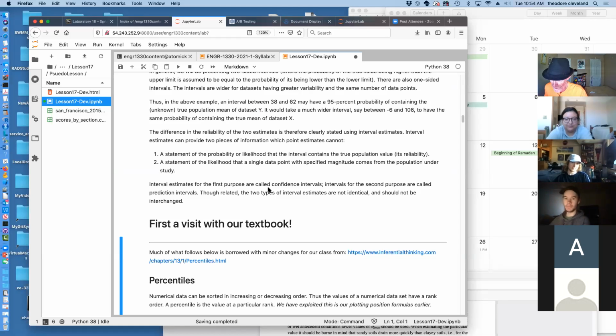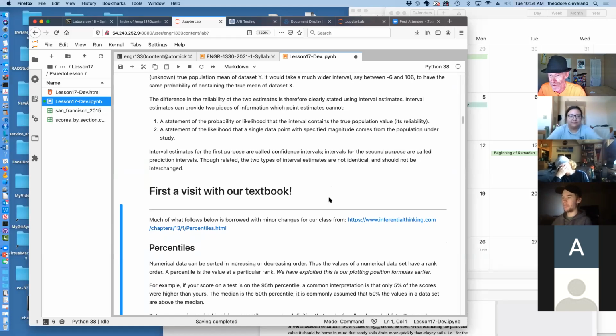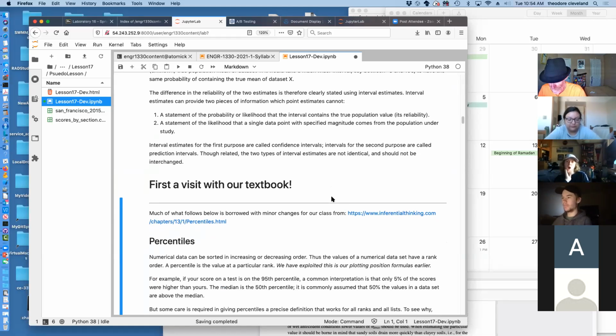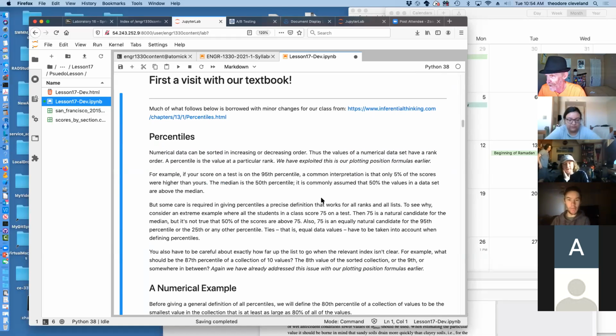So a confidence interval is a particular type of interval estimate, and a prediction interval, although related, is a different type of interval estimate. And they're both in common use, and they have their appropriate places. And I will be somewhat trite and say that that will normally be obvious by context.